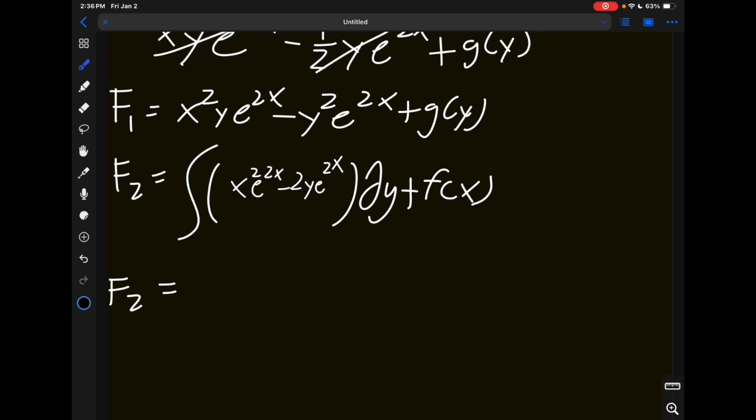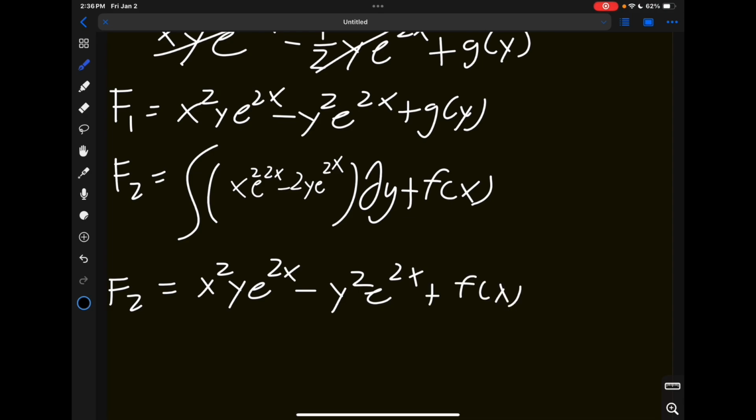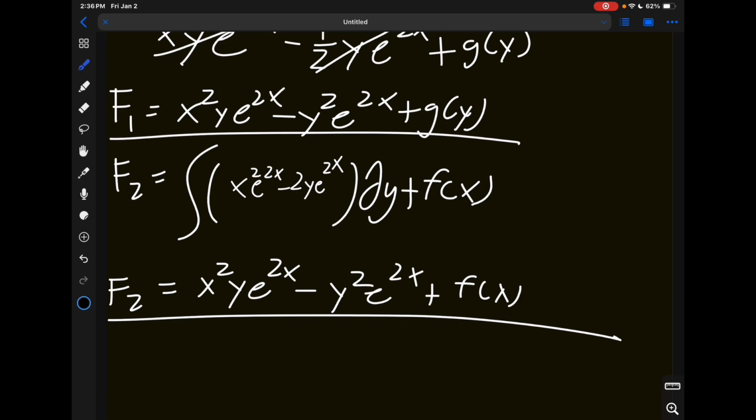Okay, the integral of this one multiplied by the partial derivative of y, treating x as constant, is simply x squared y e to the 2x minus y squared e to the 2x plus f of x. Now we got our f1 and f2.